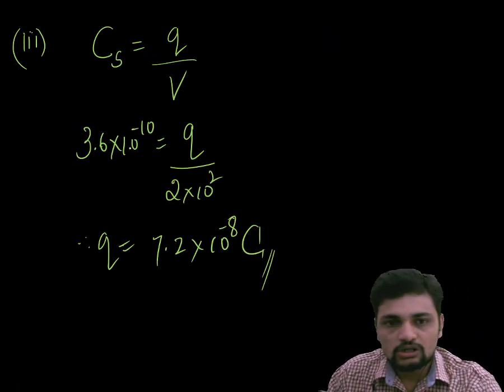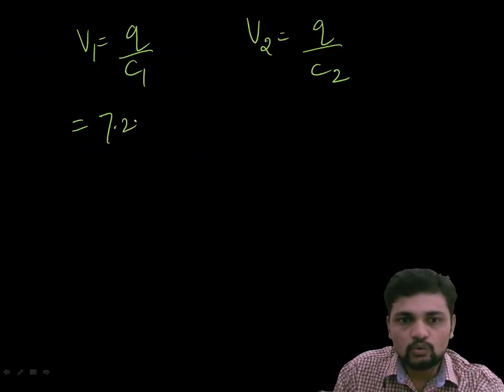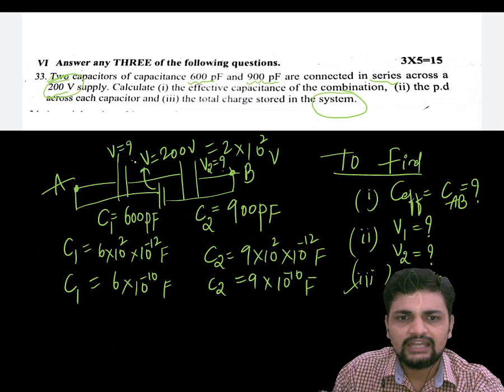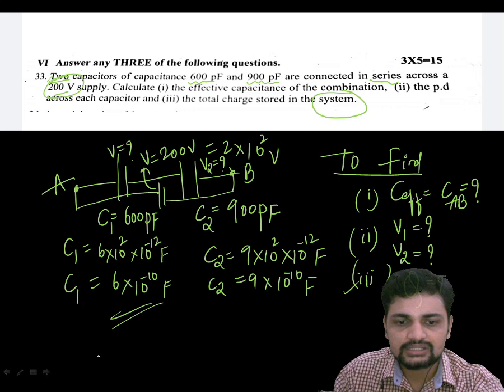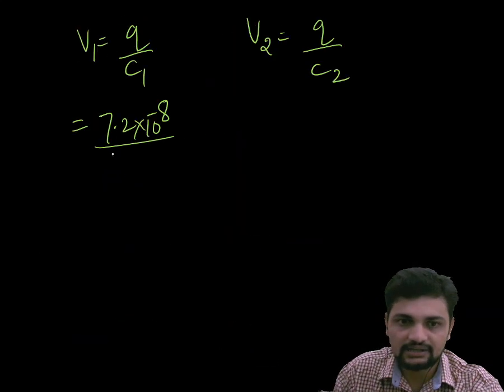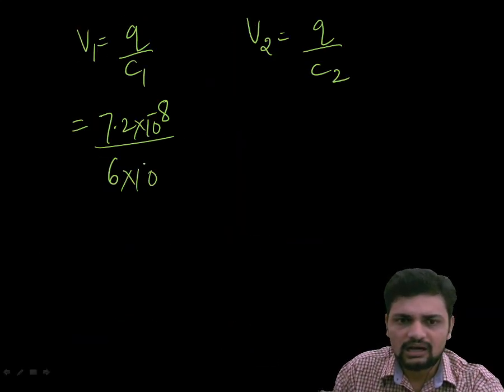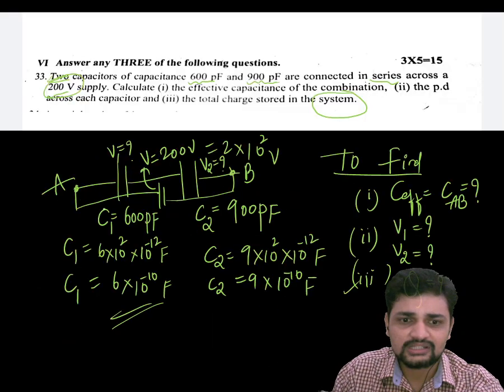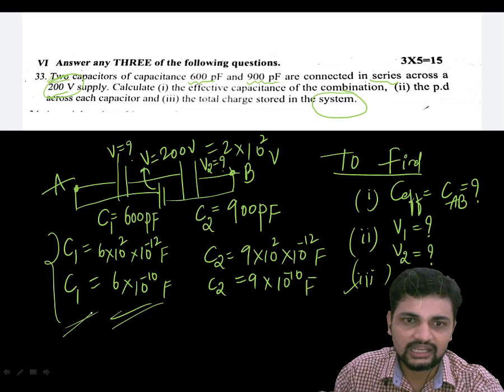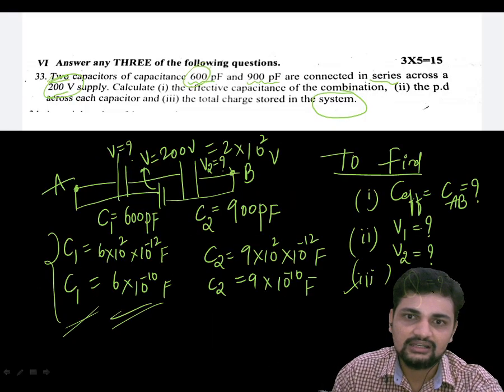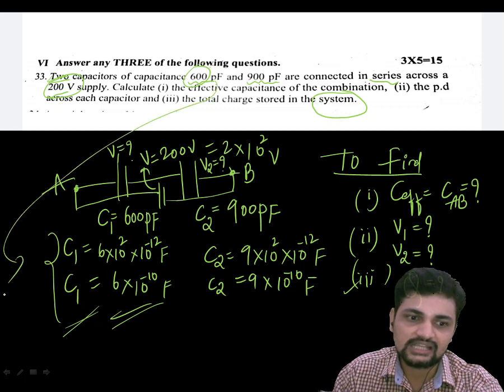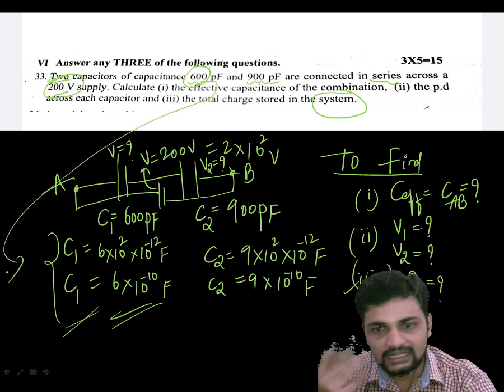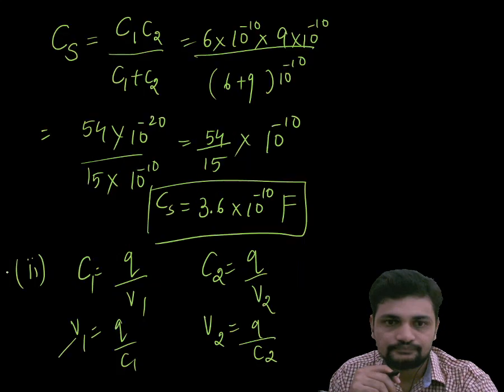So the Q value I just now found out, 7.2 into 10 power minus 8, divided by the value of C1, which is this much. I will take the value converted into SI unit. I can't take the given data. See, I have done so much conversion here, so much effort. If you take back the 600 without considering the conversion into SI unit, your entire effort will be wasted.